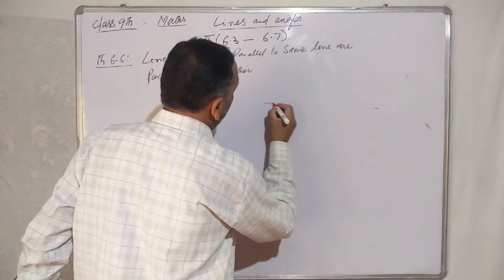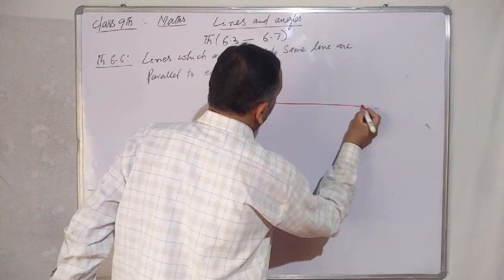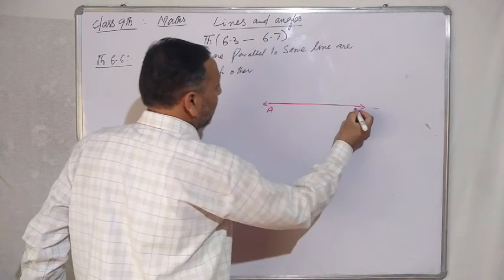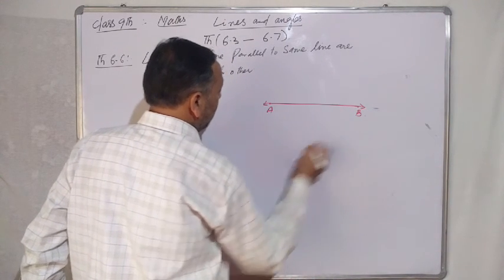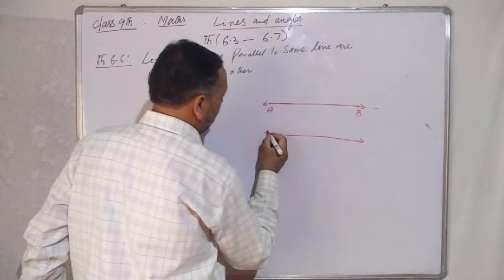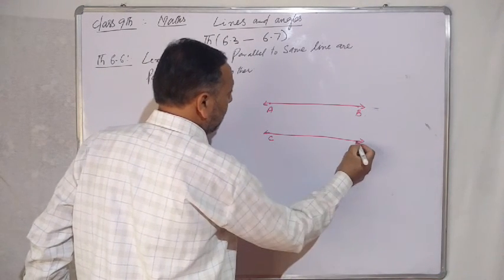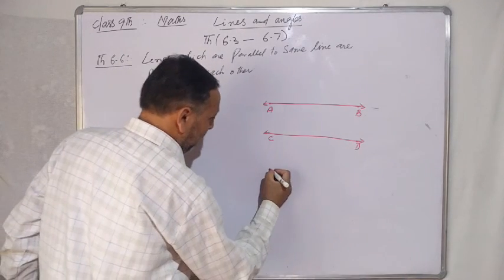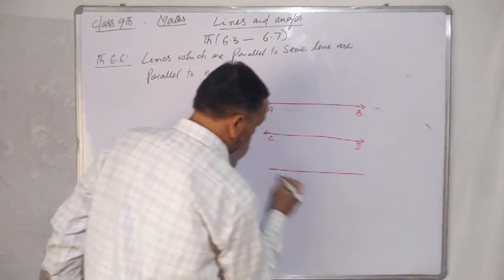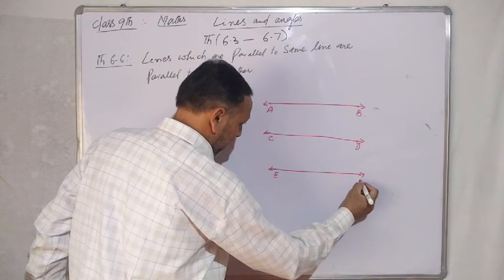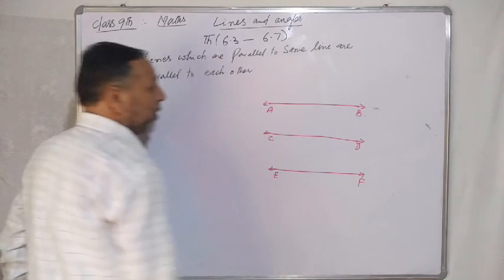So here line AB is parallel to line CD. And another line EF is also parallel to CD.